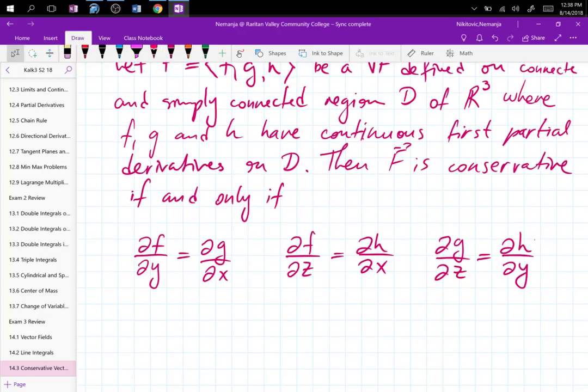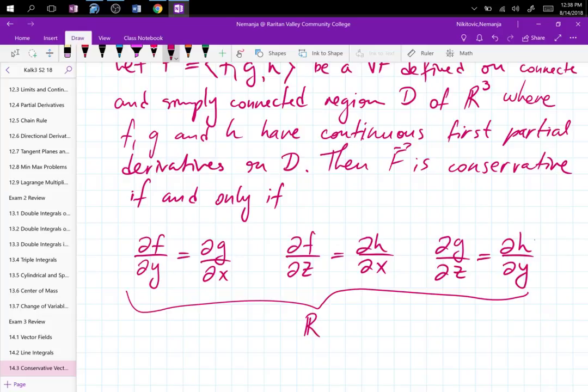All three together are R3. If you only have the first one, that's for R2. So you can have an R2 or R3 problem. These are your tests, separated by commas. These are three separate equations.